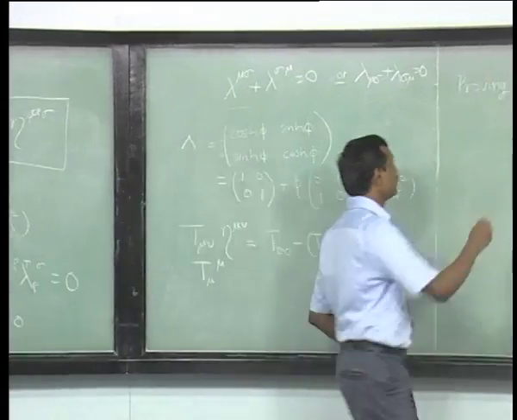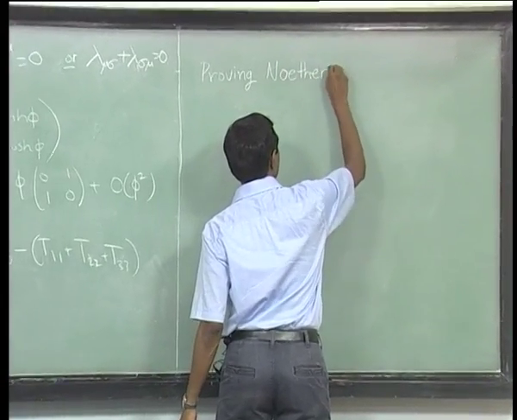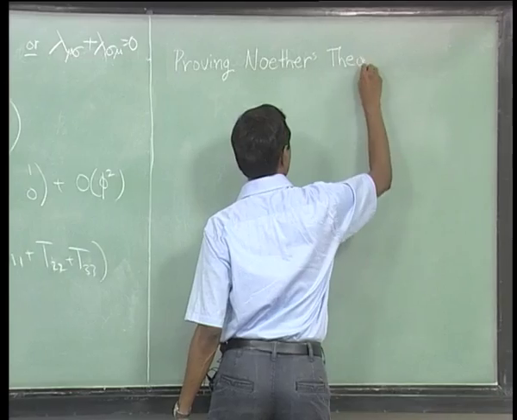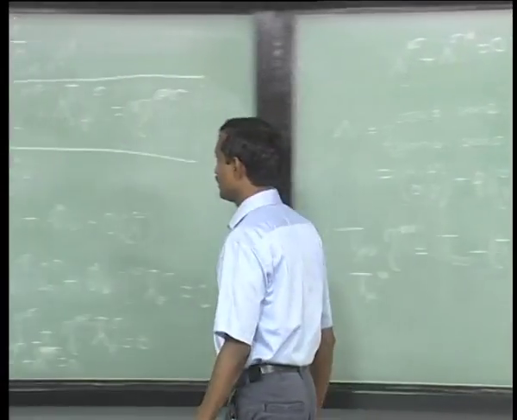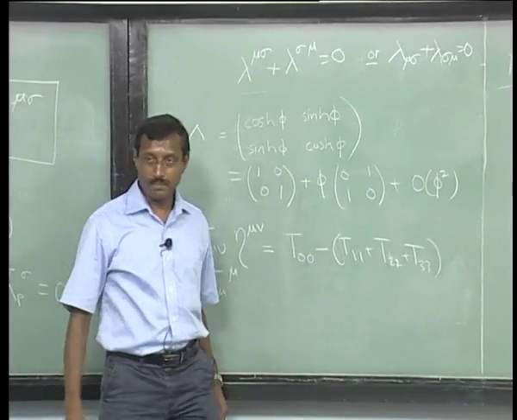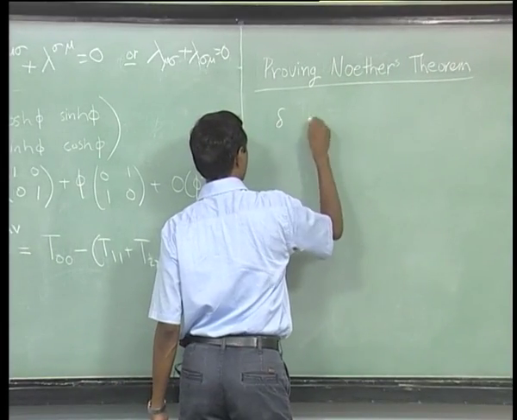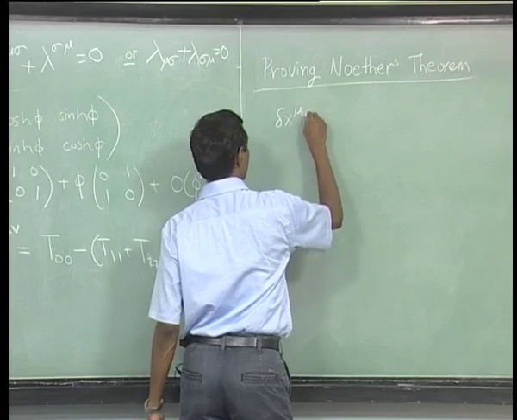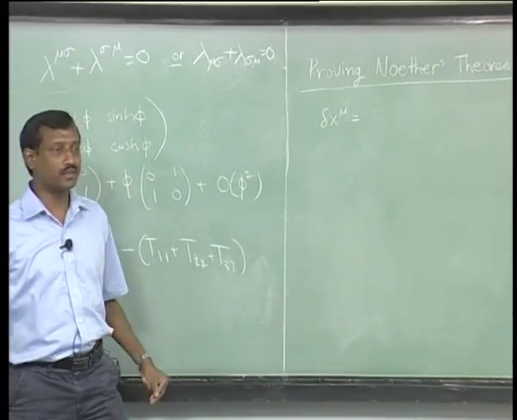So we want to prove Noether's theorem. Now we have got the machinery going, so we will write out the most general thing. Let's say that the symmetry acts on both spacetime as well as the field space.